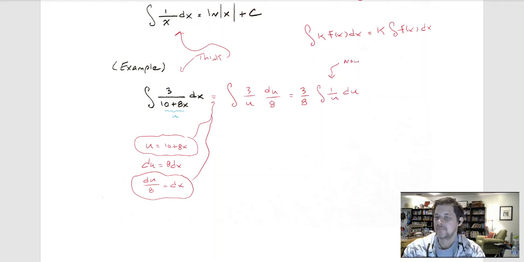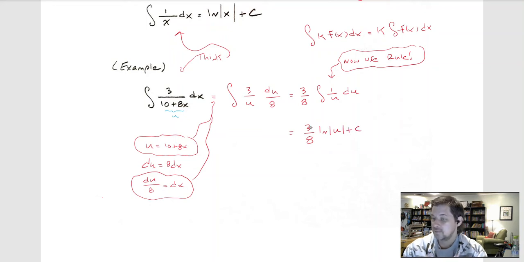Okay? So that's the goal of u-substitution, is to get to that point where that rule is going to work. Here we are. So let's see. I got 3/8, which I'm just carrying along. And according to this rule, the antiderivative of 1 over u du is natural log absolute value of u plus c.